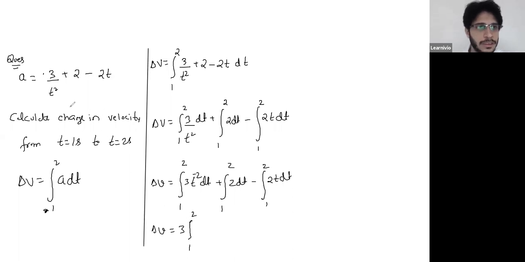Yes, it is 3 by t square. Sir, but I took 3t square. Then you can take this 2 outside, it's the integral from 1 to 2 of dt, minus 2 outside, the integral from 1 to 2 of t dt.